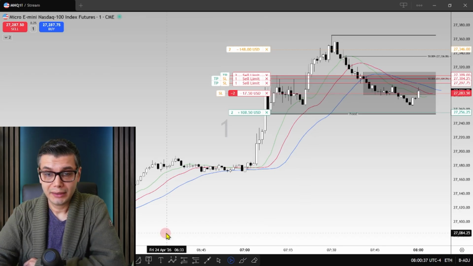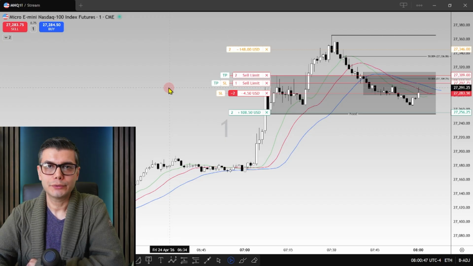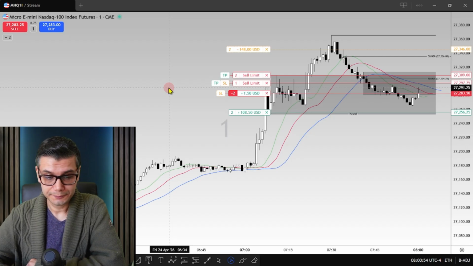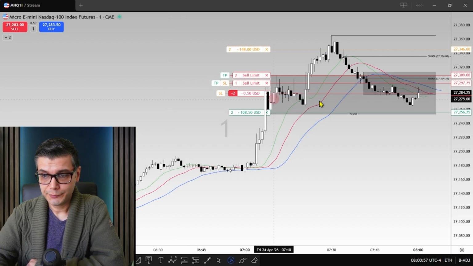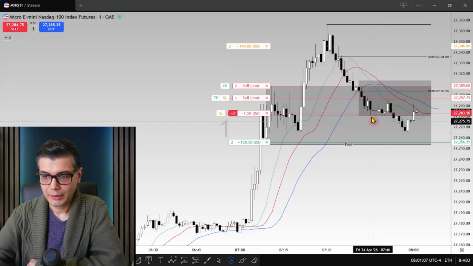Here I have added one more micro contract to my position. What I would like to do is remove this micro contract and make it 5 contracts in total if all of them are filled. The reason why I did this is because we have 2 bullish candles in here. I am talking about this one and that one.